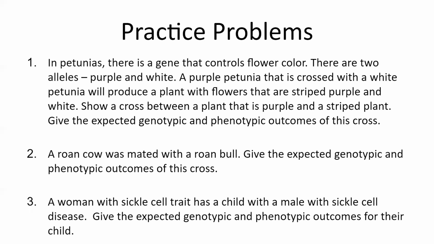That means that she has the trait, but she does not have the full disease. So she's a carrier, we would say. CNCS. Okay. And she has a child with a male with the disease. CSCS. Okay. Give you guys a couple minutes.